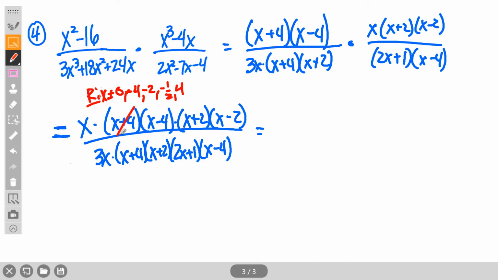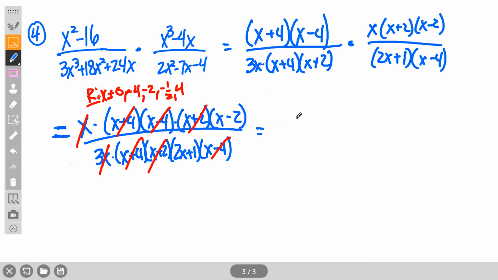Start canceling. X plus 4, x minus 4, x plus 2. So what I'm left with, oh wait, and an x, sorry. Because this is just x and this is like 3 times x, so an x on top and bottom would cancel because they both have a factor of x.